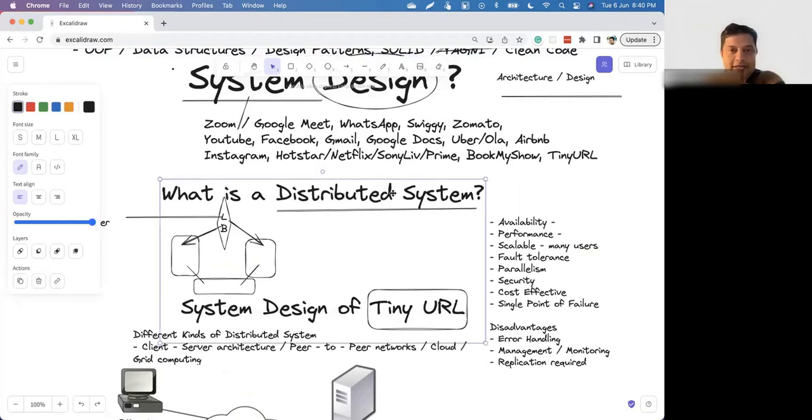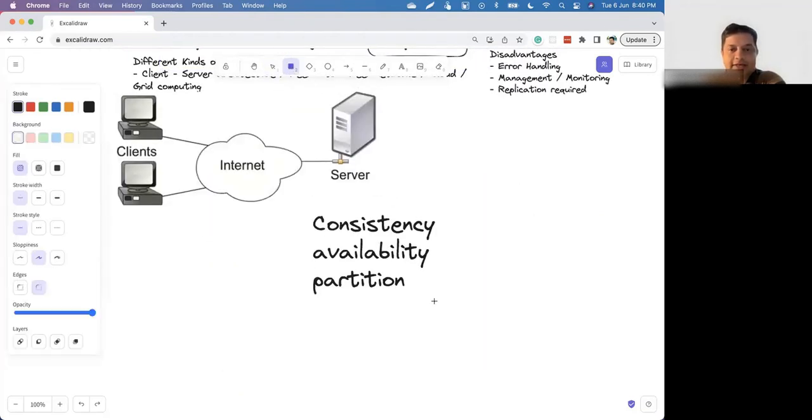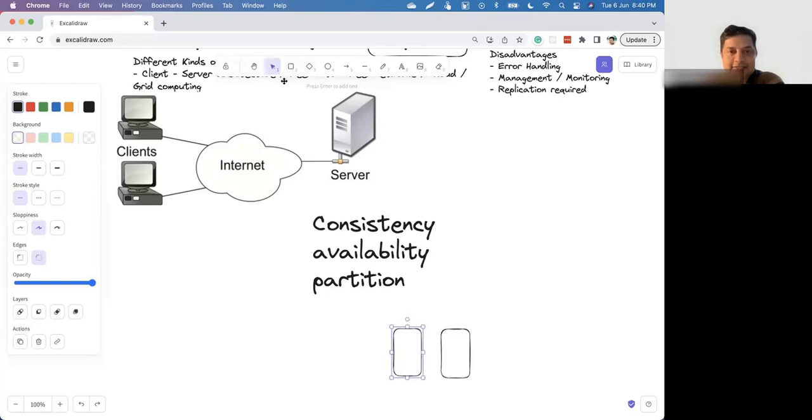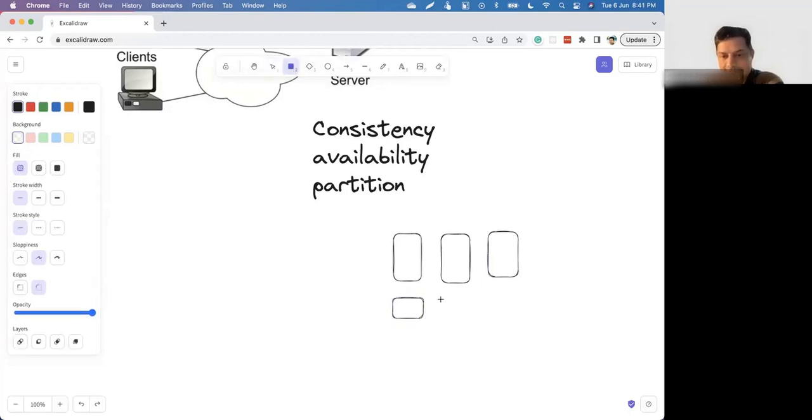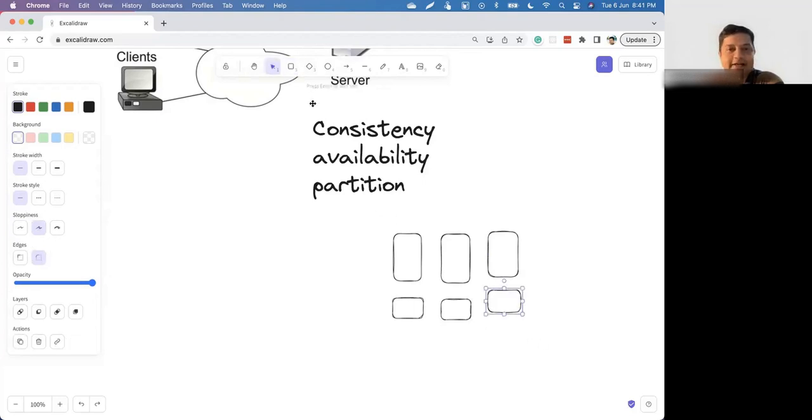So let me draw that also. Here you have various servers. You know this architecture very well. These servers could be in different locations also. And then you have the databases here. Then you have a load balancer also.